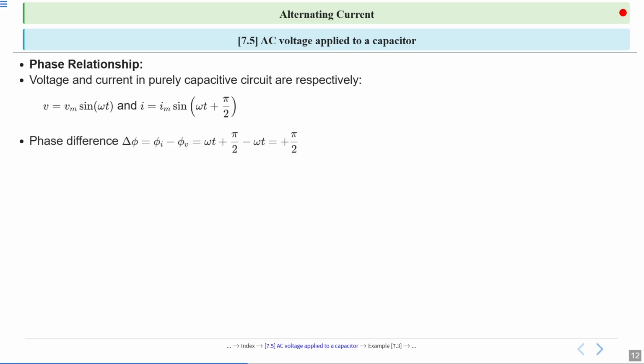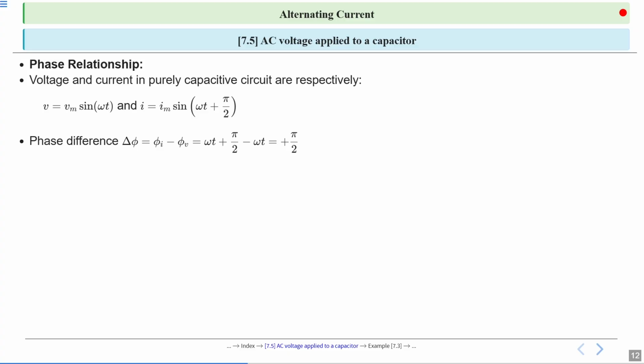Now what is the phase relationship between current and voltage? The phase difference is the phase of current minus the phase of voltage. Omega t plus pi by 2 is the phase of the current, minus omega t, the phase of voltage, so it comes out to be plus pi by 2.